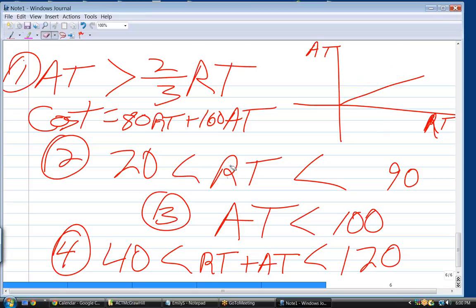Okay. Number two, RT has to be between 20 and 90. So RT has to be somewhere in there. Number three, AT has to be less than 100. So AT has to be less than that line.